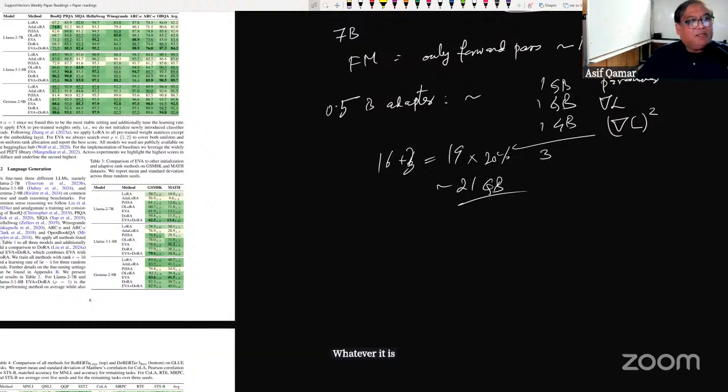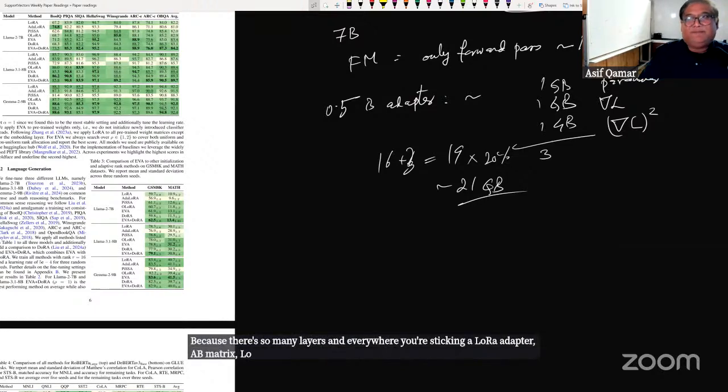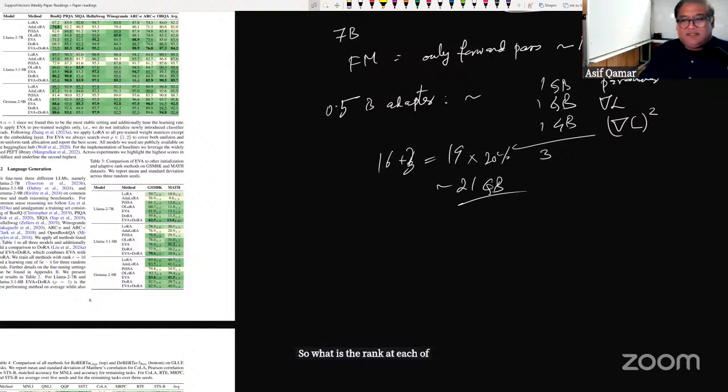And also, the best rank varies from layer to layer. Because there are so many layers, and everywhere you're sticking a LoRa adapter, AB matrix, right? So what is the rank at each of these places? The traditional LoRa, the vanilla LoRa, just takes a fixed rank, a priori fixed 3, 10, whatever it is, and goes.